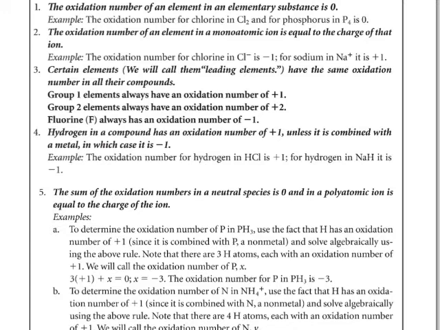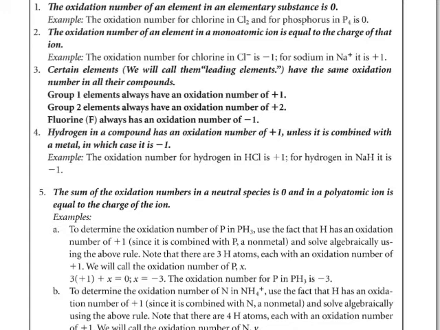But a few of the most important rules are that the oxidation number of an element is 0, and that includes diatomic elements or substances like P4. So anything by itself is 0. If you have an ion with a charge, its oxidation number is the charge number. So if you have the chloride ion, which is -1, its oxidation number is -1.